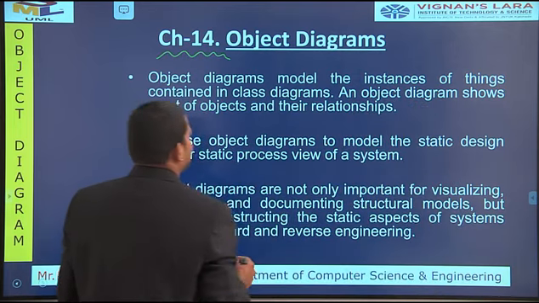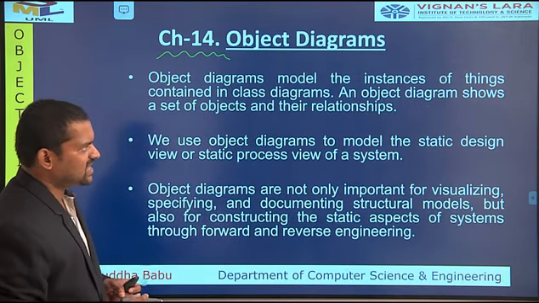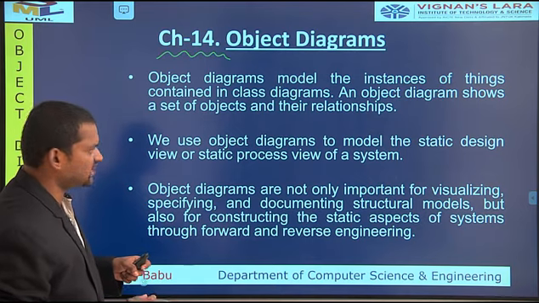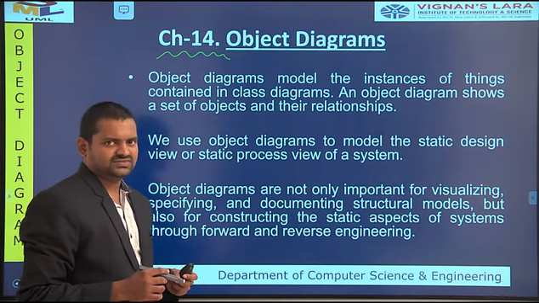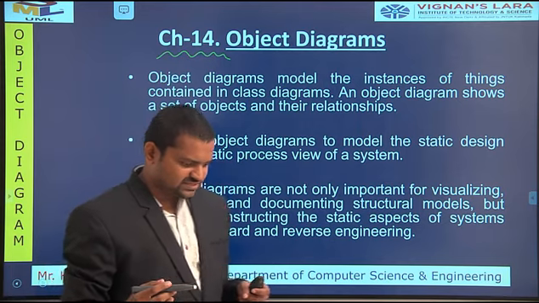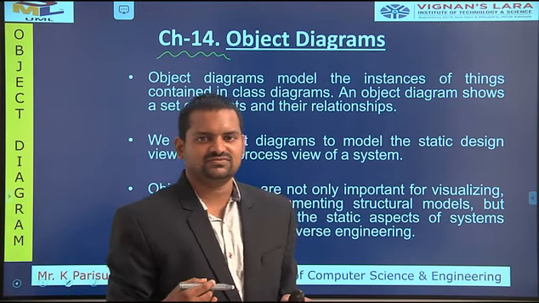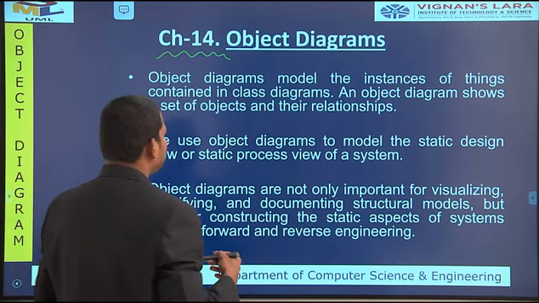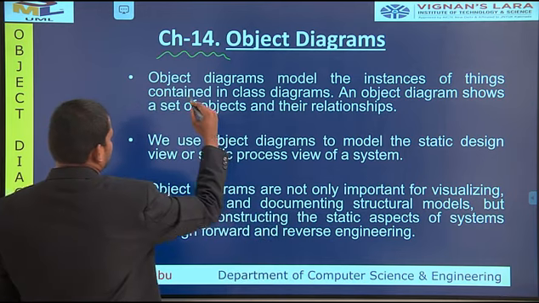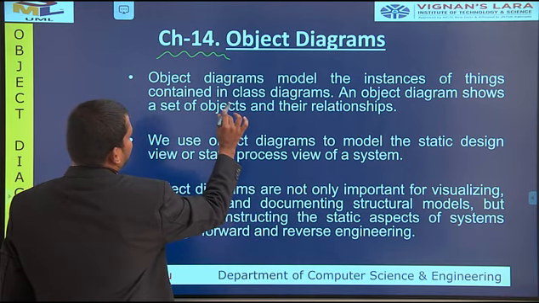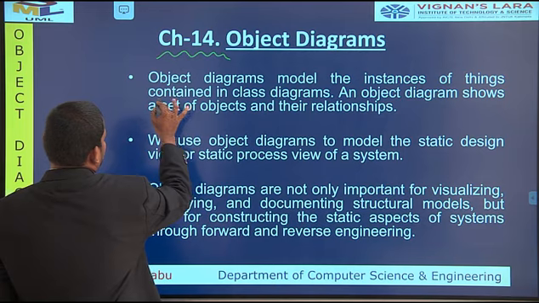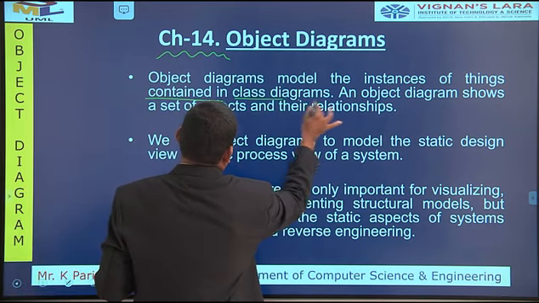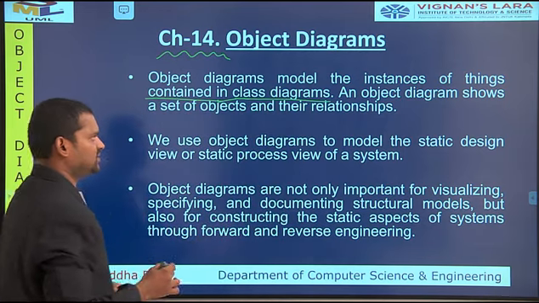So object diagrams model the instances of the things contained in the class diagram. As you know, an object is an instance of a class. So object diagrams model the instances of the things contained in the class diagram.